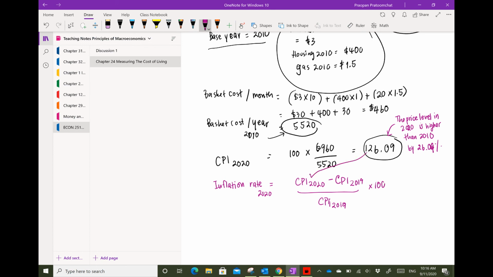So this is your piece of information for CPI 2020. And then you have to find CPI 2019 and then calculate the inflation rate. That will be a percent. The percent here is the price change from 2019. Okay, that's how you calculate CPI.